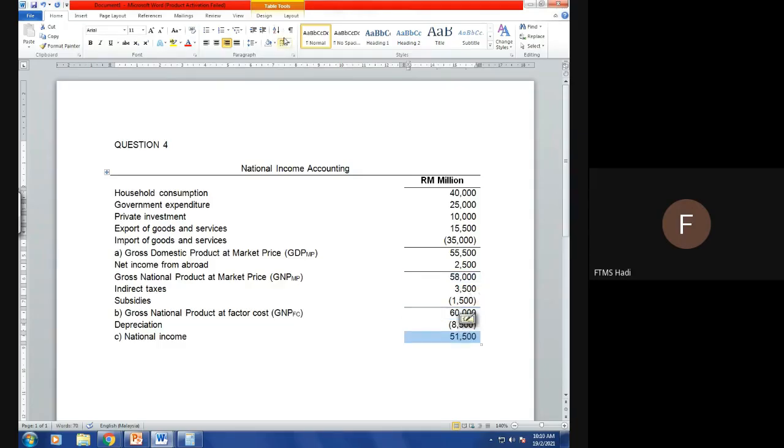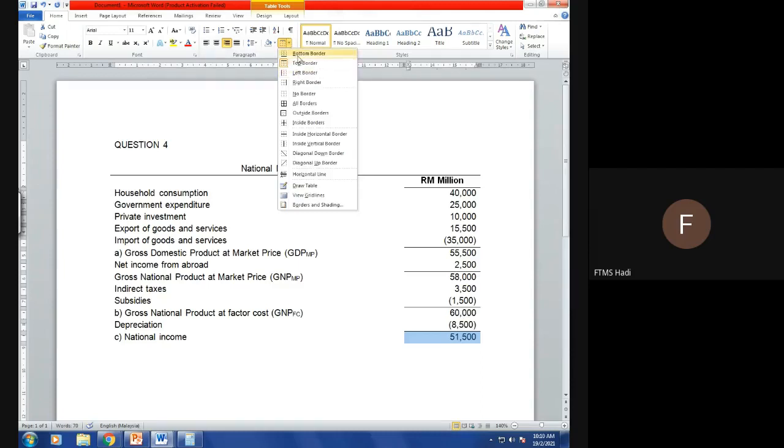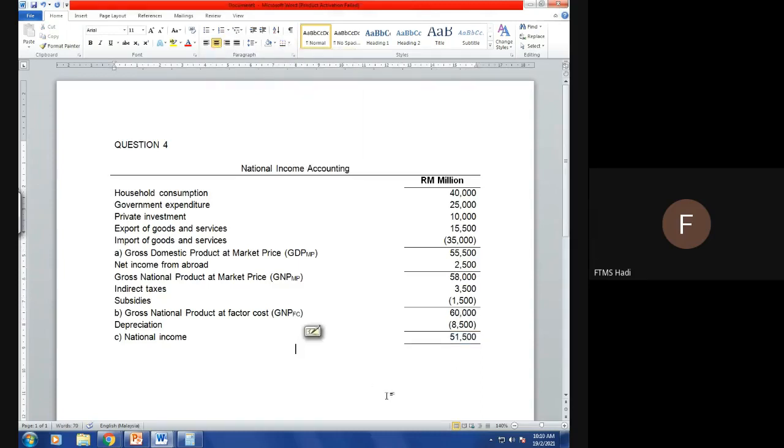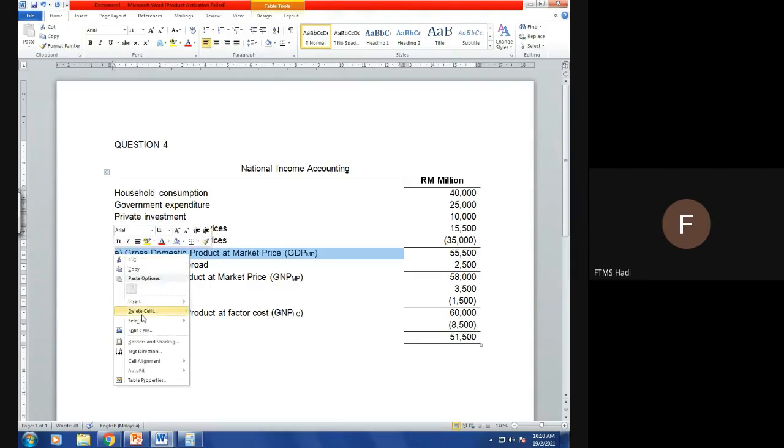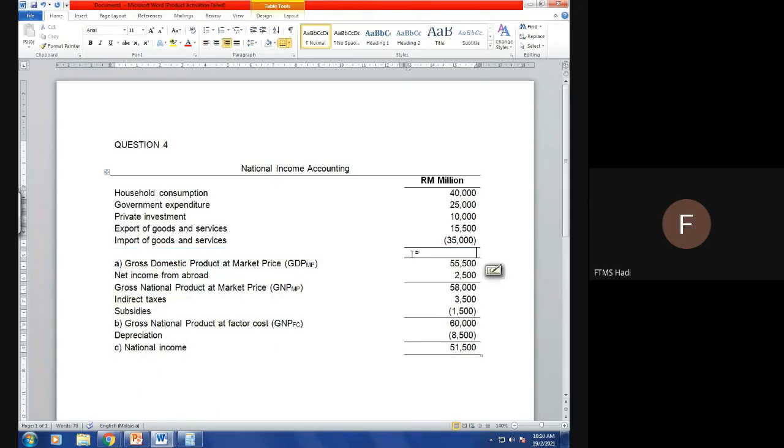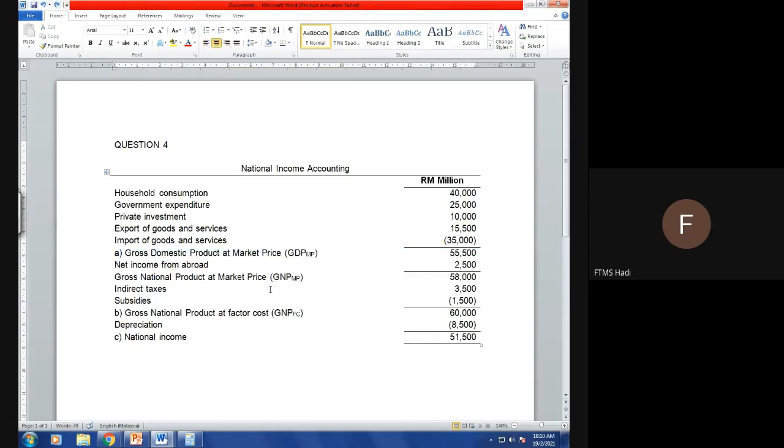This is how you do it. If you want to add one space to make the difference, you can. Just like this should be fine. If you want to make it bold also okay, so you can see the differences, because these are the calculations and that means some kind of final answer.